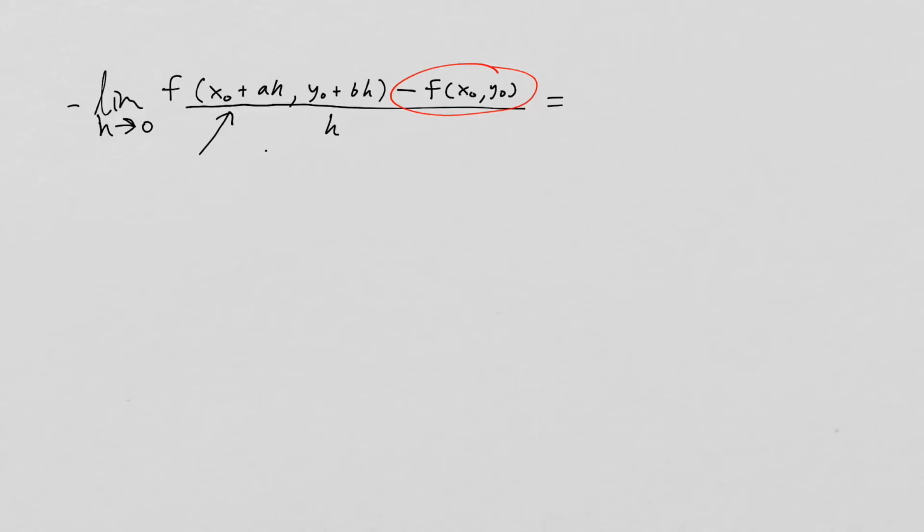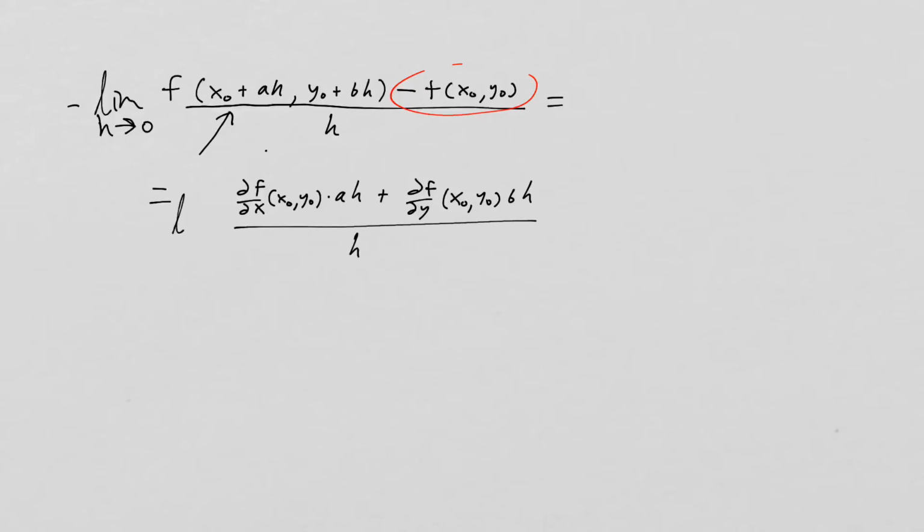What we have here then is this whole thing here is going to be equal to partial derivative of f with respect to x at x naught, y naught, times ah plus partial derivative of f with respect to y at x naught, y naught, times bh, and we're going to divide by h. And then we're going to take the limit as h goes to 0.